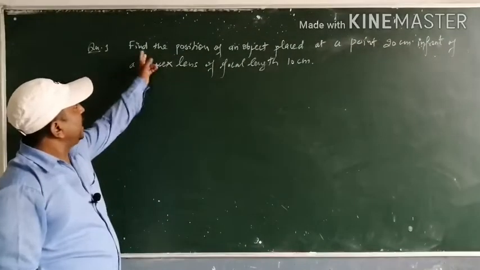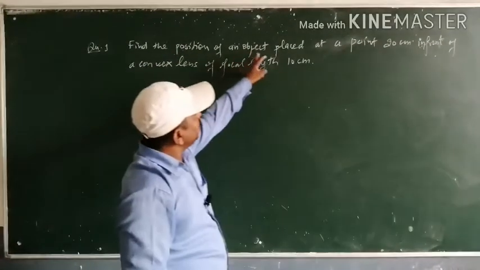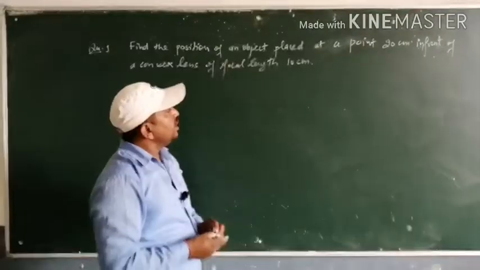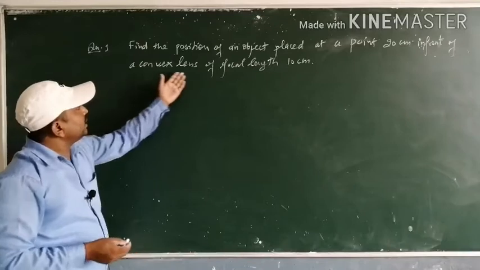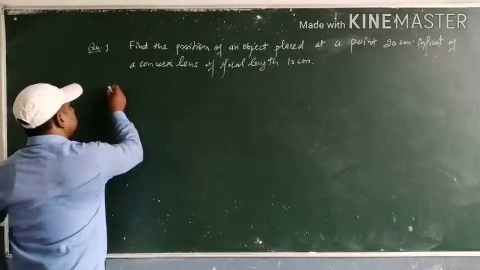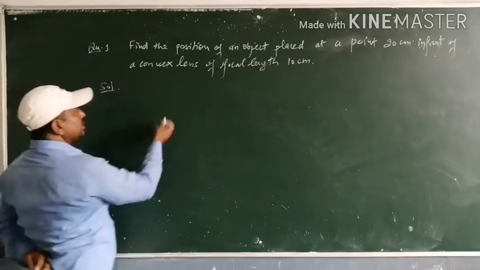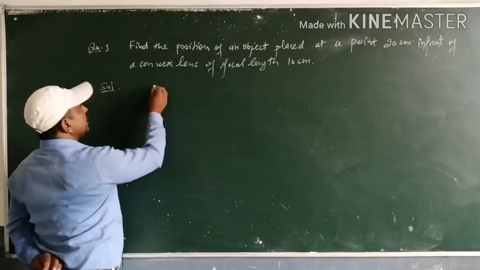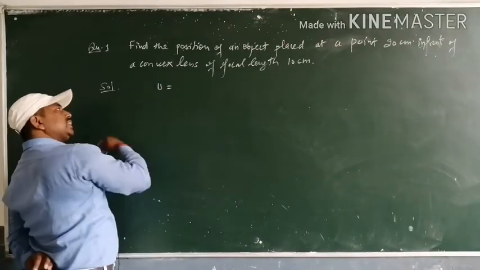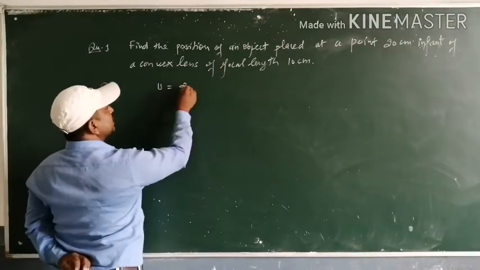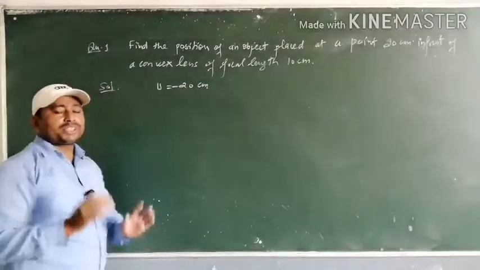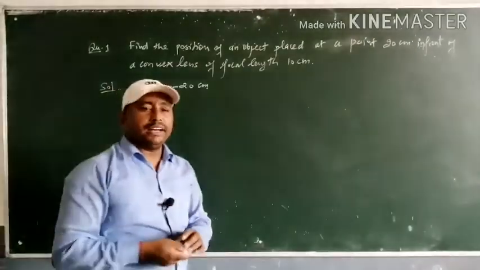Question: find the position of an image of an object placed at a point 20 centimeter in front of a convex lens of focal length 10 centimeter. From the question, the object is placed in front of the convex lens at 20 centimeter, and this will be taken as negative because the object is placed on the left side of the lens.